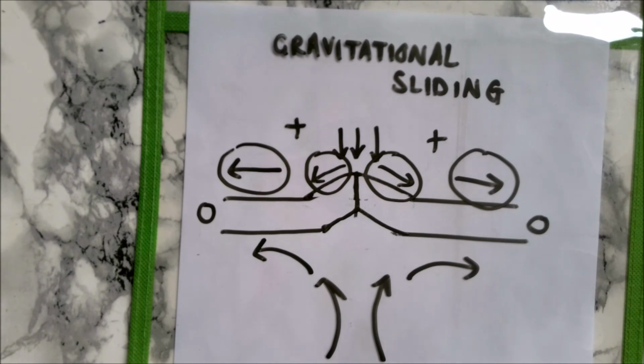It's really important to remember here that all of these processes will be acting in different contexts. There will be some plate boundaries where convection is having the greatest impact. There will be other areas where gravitational sliding or slab pull is almost taking the lead a little bit.